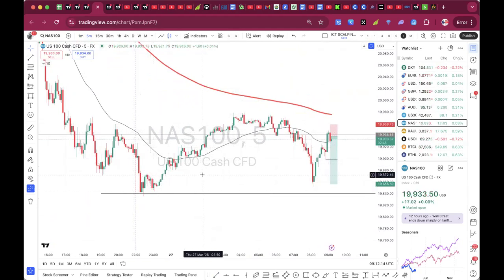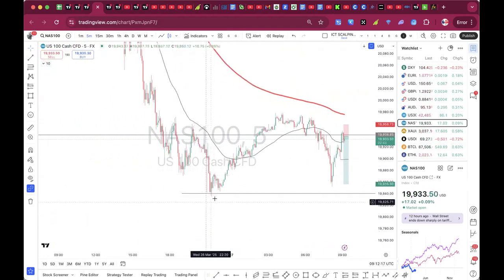Look at 5 minutes: this was a low, it created a high, a low, a high, a low. This one now is lower than this, so we have a low and a lower high.